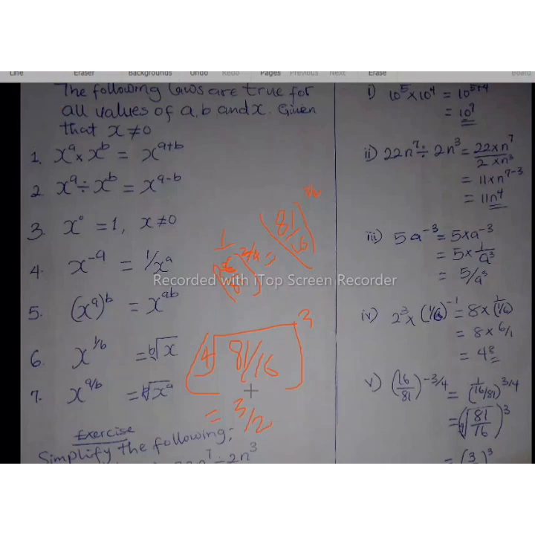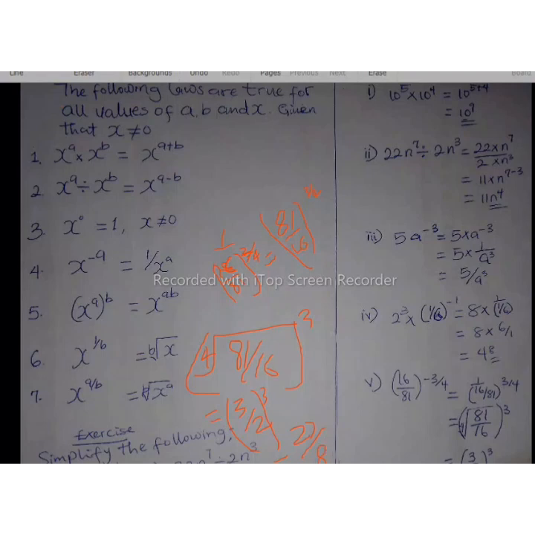Then the whole thing is raised to power 3, which is the same thing as 27 all over 8, because 3 raised to power 3 gives 27, and 2 raised to power 3 gives 8.